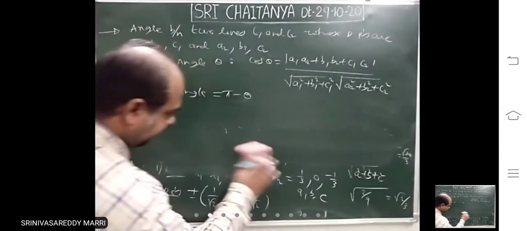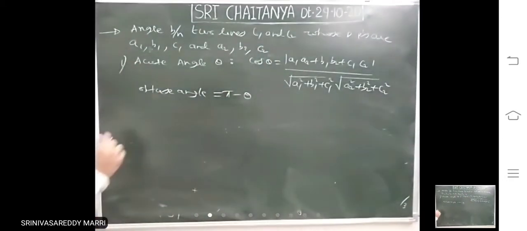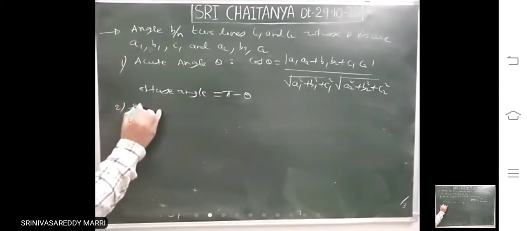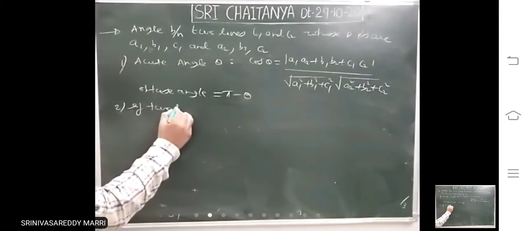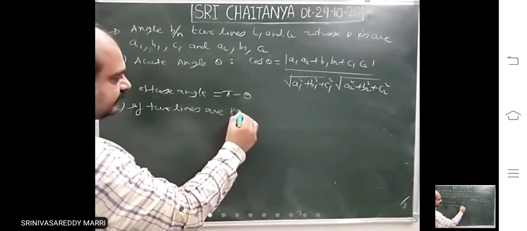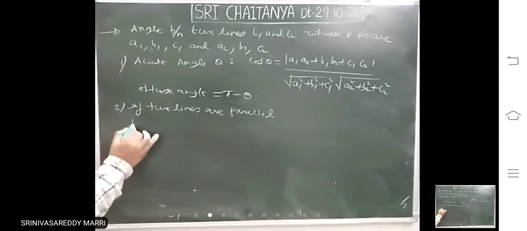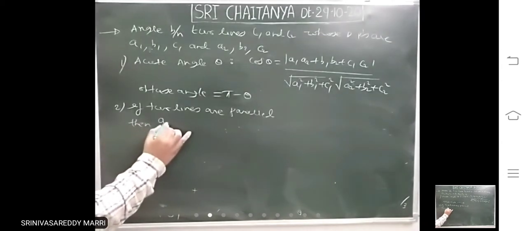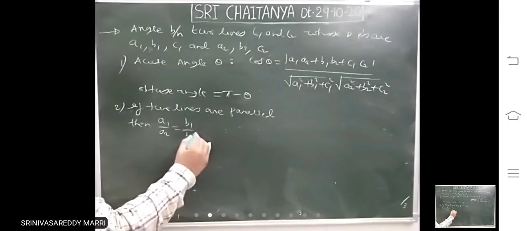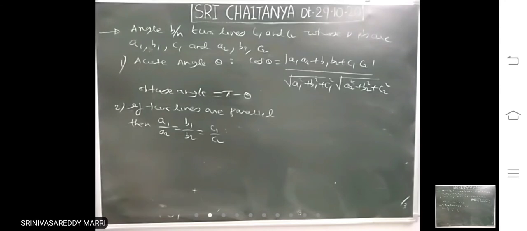Okay. I will tell how you got the formula. First, another two formula are there, you write. If two lines are parallel, then the condition that they are parallel is A1 by A2 equal to B1 by B2 equal to C1 by C2.